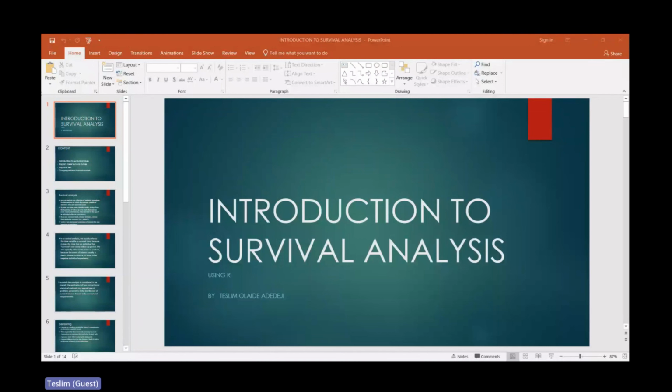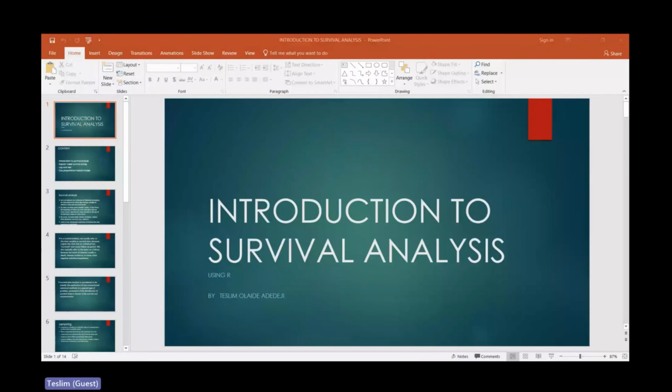Examples of parametric distributions are the normal, the binomial, the exponential, and the likes. For non-parametric, we have the sign test, the rank test, and the Wilcoxon test. In survival analysis, there are some terms you should know.